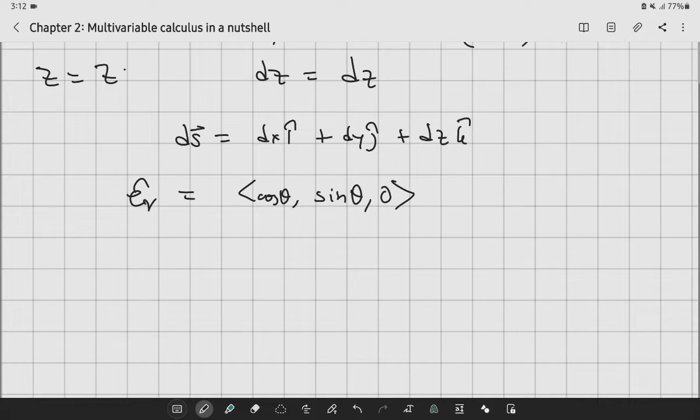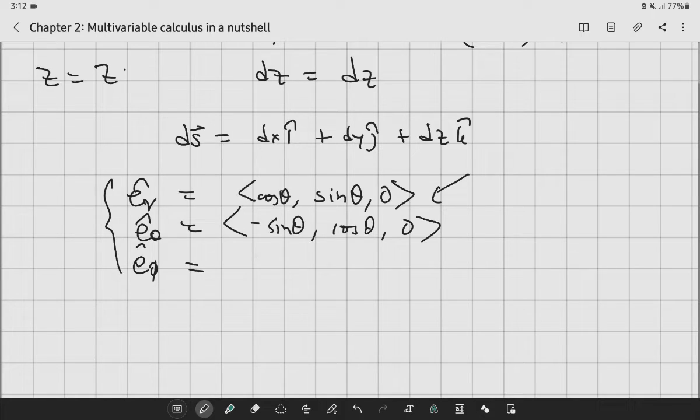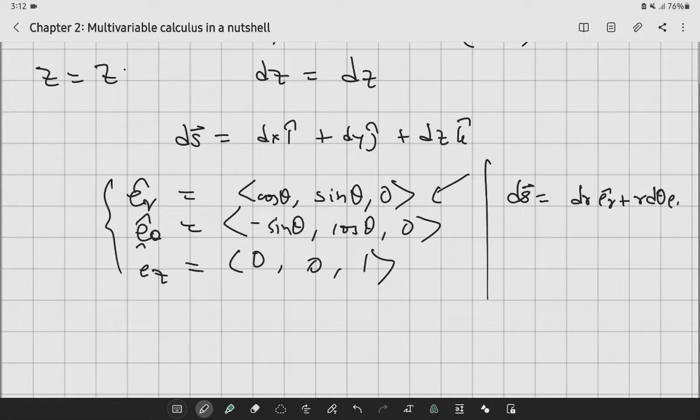This is something that we took in the first chapter, and if I use these equations for the basis, er, e theta and ez, I guess e theta was minus sine theta, cosine theta, 0, and ez was 0, 0, 1. If I use these, I'll find that ds equals dr er hat, no, there is no r in here, r d theta e theta hat plus dz ez hat.